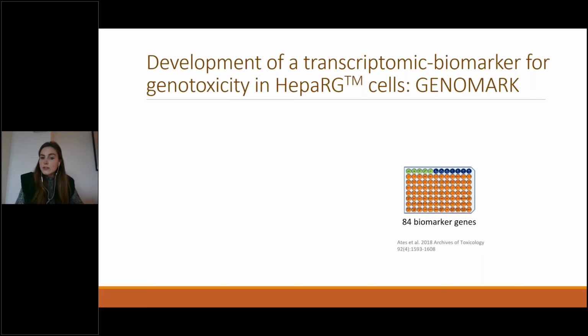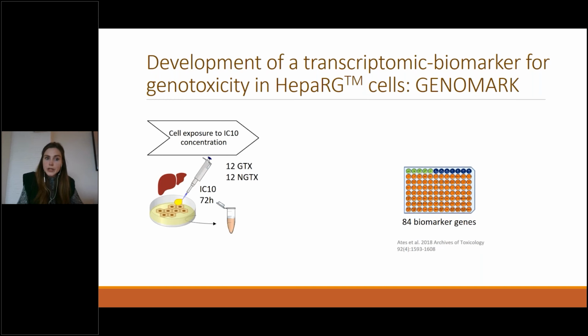These 84 biomarker genes were previously derived from microarray experiments. Therefore, human HepaRG cells were exposed to 24 reference chemicals: 12 known in vivo genotoxic chemicals having a broad range of genotoxic mechanisms, and 12 known in vivo non-genotoxic chemicals.